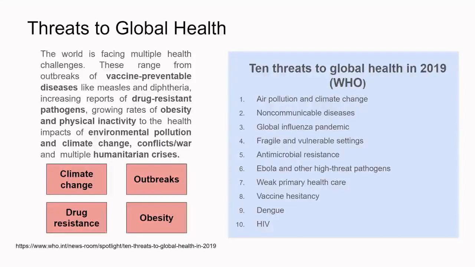WHO describes 10 threats for global health, ranging from infectious diseases or non-infectious or non-communicable disease conditions, climate change, drug resistance, and weak primary care health systems.